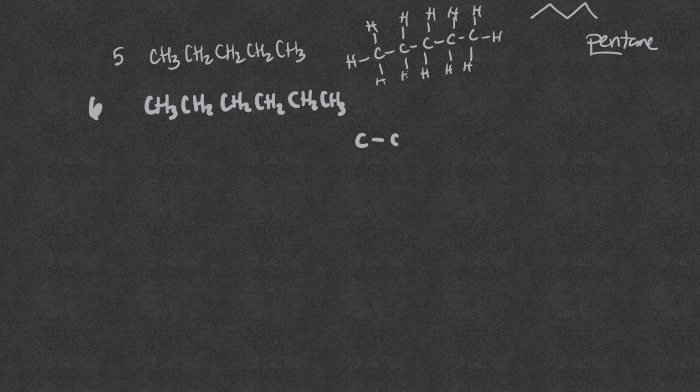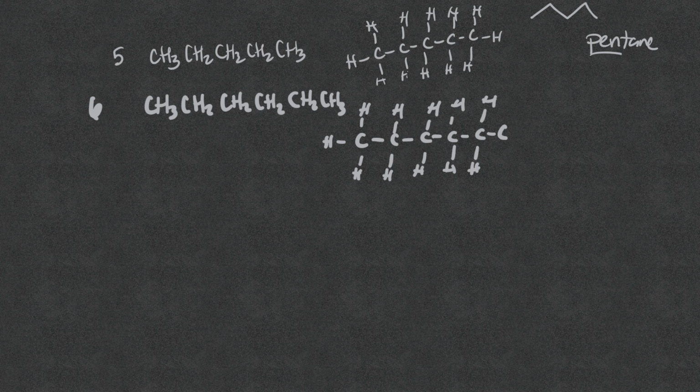So let's attach these 6 carbons. So we have 14 hydrogens now. All right, so 1, 2, 3, 4, 5, 6. That's its line structure. All right, and the name of this compound is hexane.